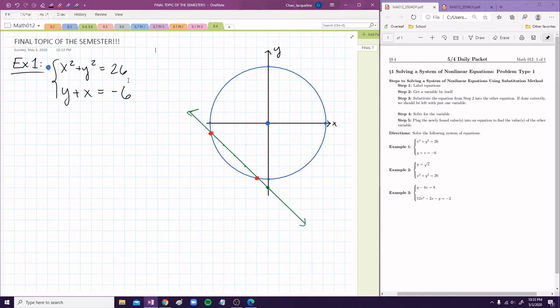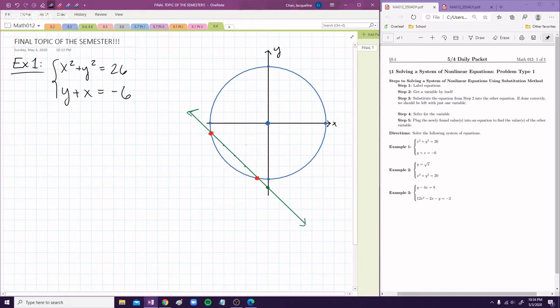For example, for example 1, we wouldn't be able to use elimination because there's no common term. There's x squared, y and x. If you want to learn about elimination, you can read the book, but today we'll just be doing substitution.